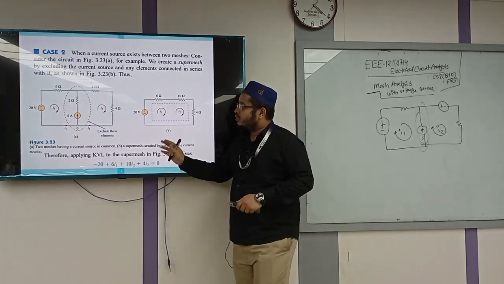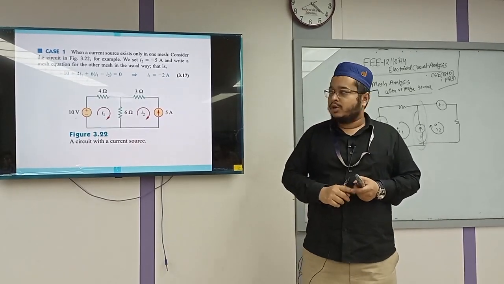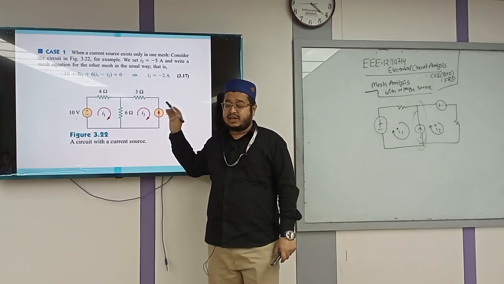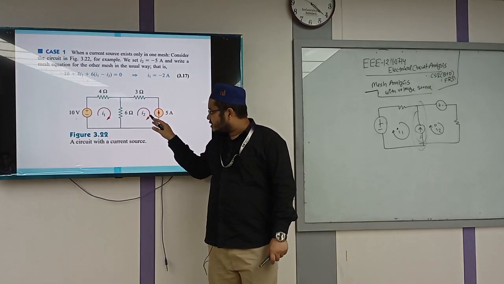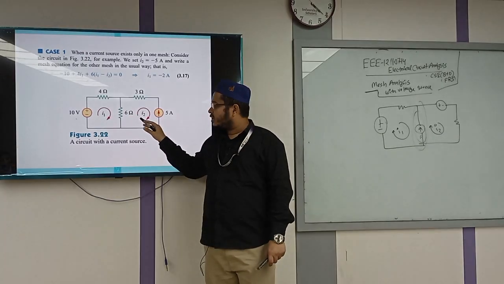So during each scenario you have to calculate differently. For scenario 1, if the current source is connected to one mesh, you can see this current source's value is equal to the mesh current.